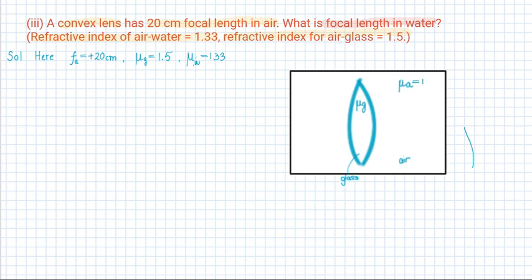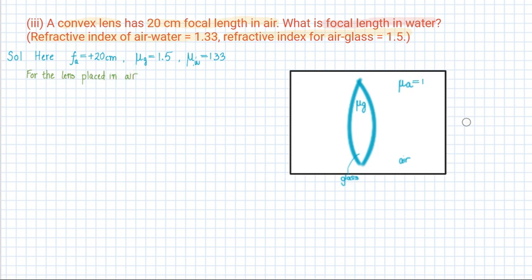Now, if the surrounding medium is air, then I can use this formula. Wait, first let me write down for the lens placed in air. Fine.